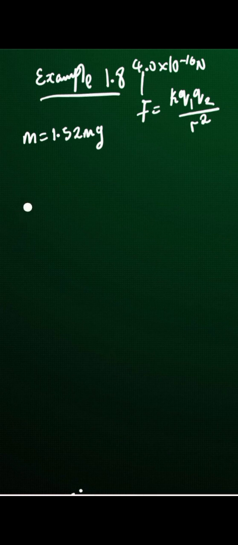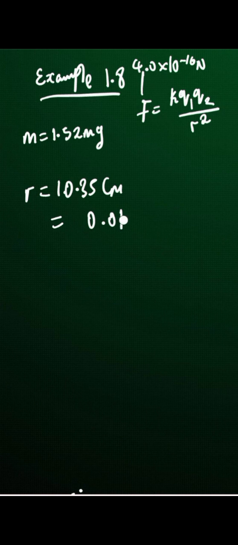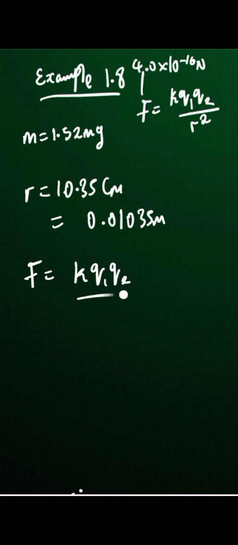So that r, which is 10.35 cm, converting it to meter is dividing by 100, so that becomes 0.1035 meter. Am I lying? No. So recall that F is equal to kQ1Q2 all over r square. Our Q1 and Q2 are equal to Q. It's the same thing. So we can say that F is equal to kQ square over r square.